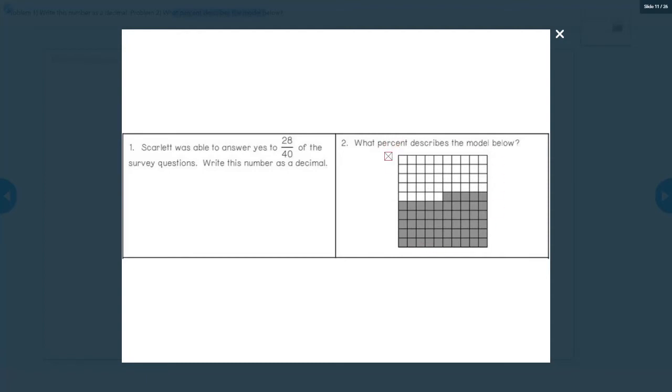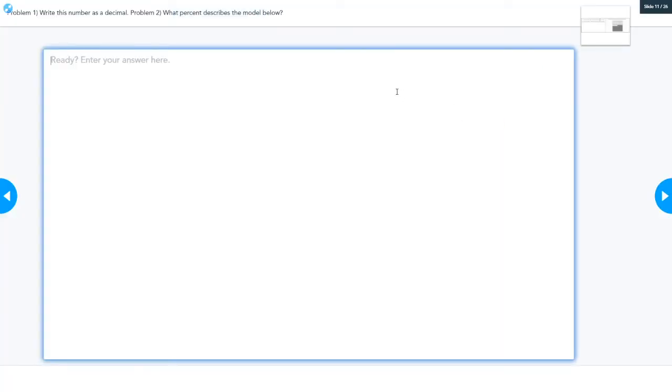So we want to know how many are shaded out of 100. So you're going to go ahead and go in here, put your answer. So I will put 1 and then type in my answer, and then put 2 and then type in my answer. All right, so go ahead and take some time. You can put pause and work on these problems. Now let's go ahead and move on to the next slide.